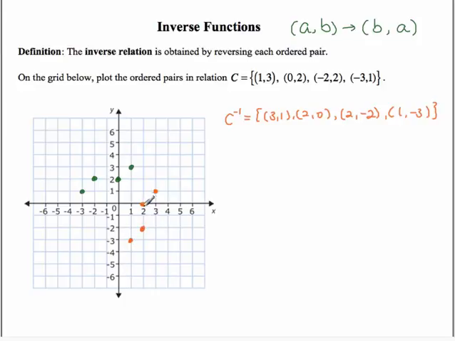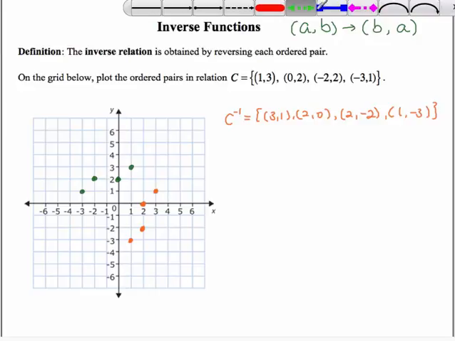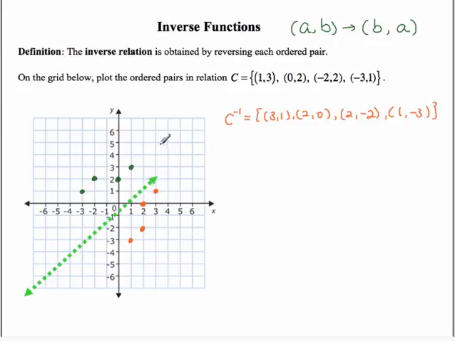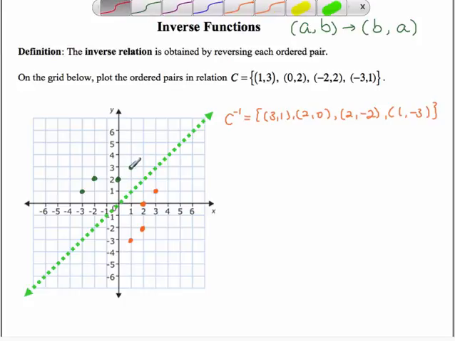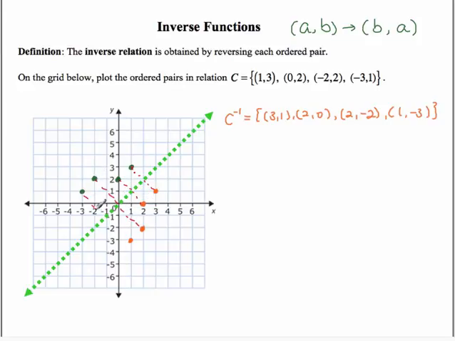Now notice the inverse relation here is not a function because there are 2 values of y when x is 2, but that's not what we're focusing on right now. If I draw the line y equals x, you see that these points are a reflection over the line y equals x.